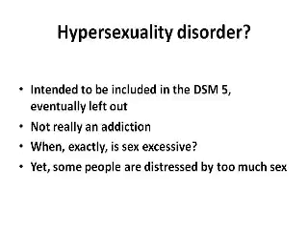One of the disorders that was proposed for DSM-5, intended to be included but eventually left out, was hypersexuality disorder. This is supposed to be a disorder when people have too much sex, and this causes distress. So it was pretty much like sex addiction.